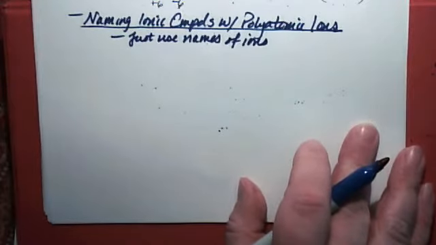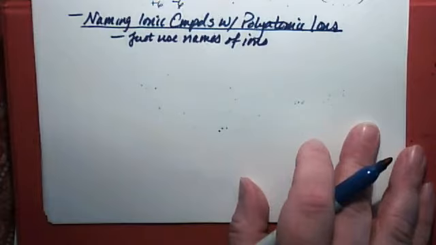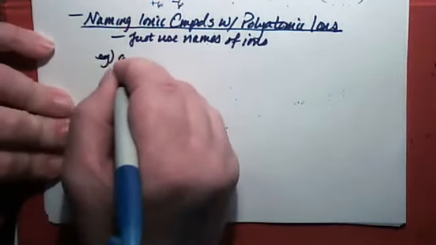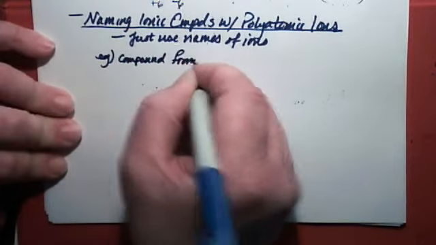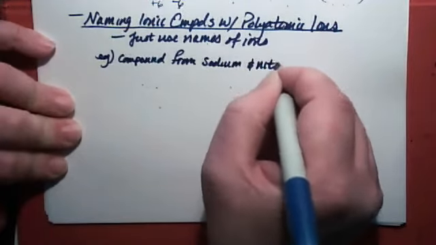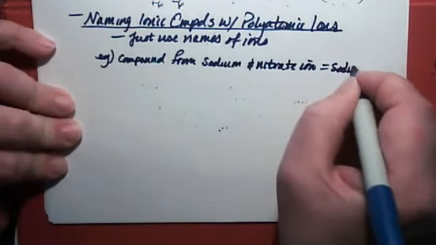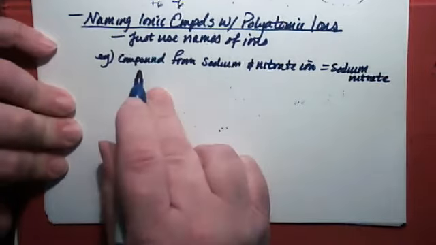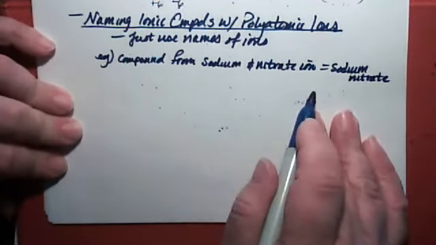If there's a polyatomic ion in the formula for a compound, just use the name of the polyatomic ion. So for example, the compound from sodium and the nitrate ion would just be called sodium nitrate.